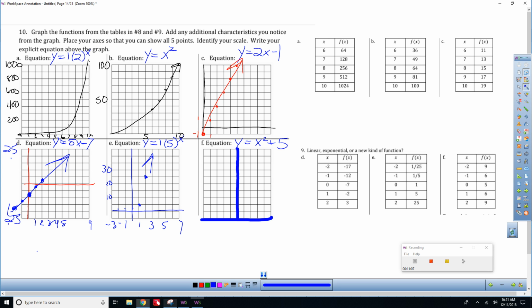So -2, 9. -1, 6. 1, 6, 2, 9, and 0, 5. So when we graph this thing, it's like a U, I think, more than a V. It's curved. It doesn't have an angle. Okay? Hopefully this helps. This is a long video.